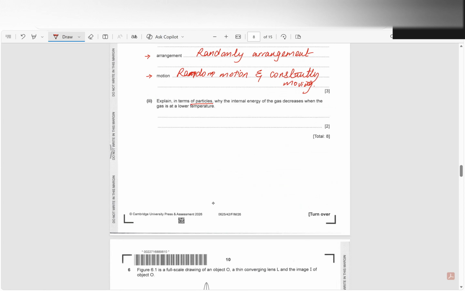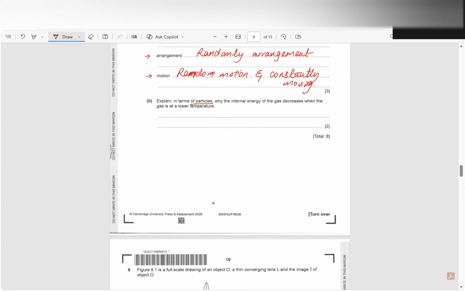So we're going to understand whenever the gas is going to have less temperature, the gas particles are going to have less speed, less kinetic energy, because the average kinetic energy of the gas decreases, causing them to move at slower rate.